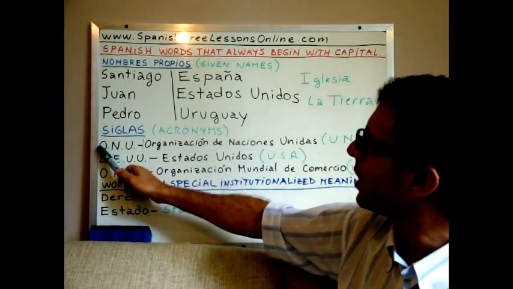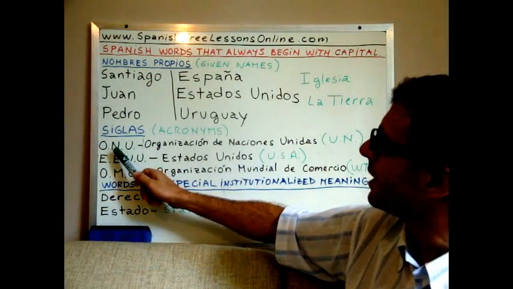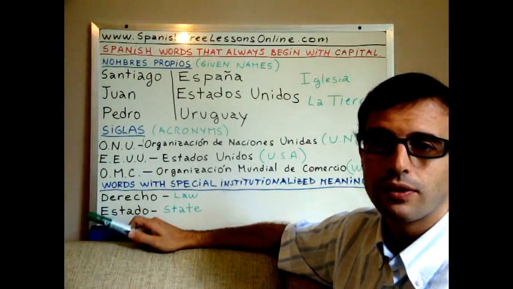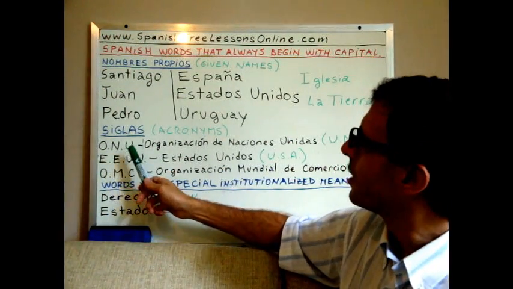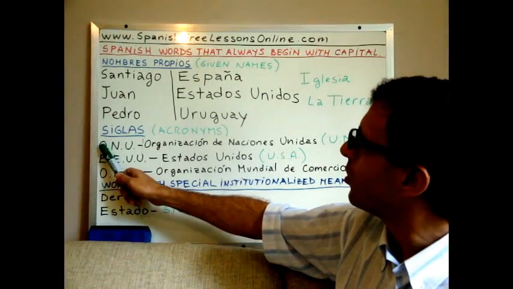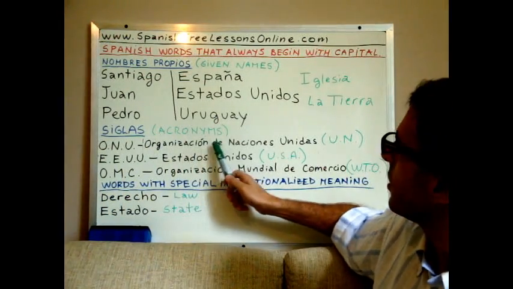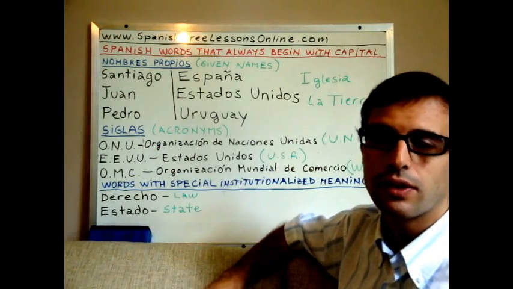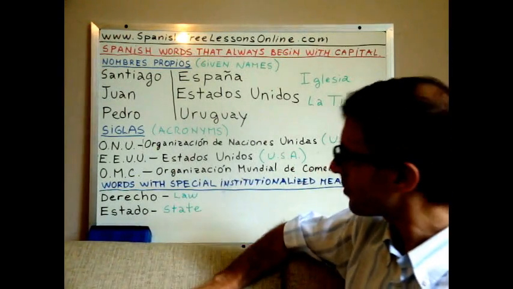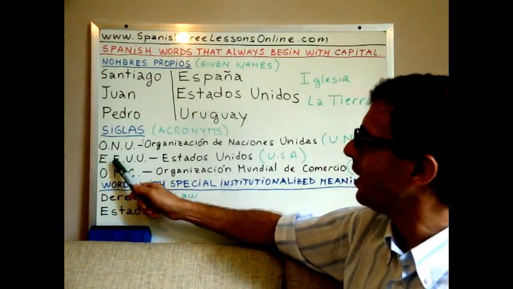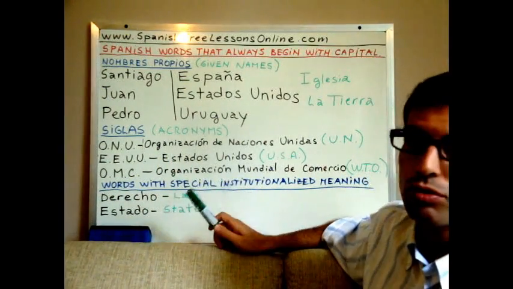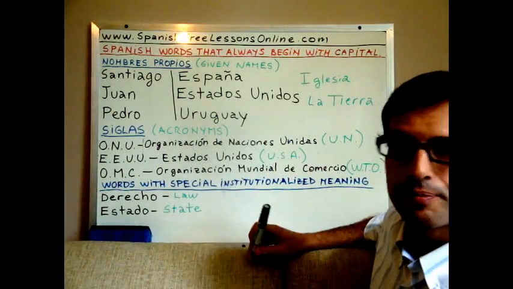This means Organización de las Naciones Unidas. Organización for organization, Naciones Unidas for United Nations. So this is the United Nations, the UN. Also, EEUU means Estados Unidos or USA.